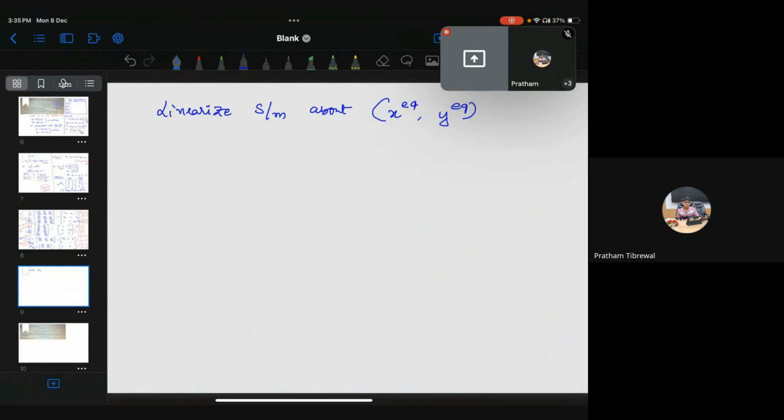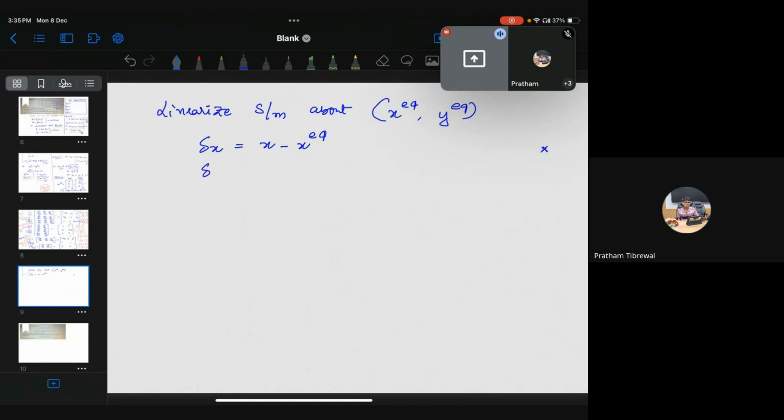With respect to that equilibrium point, we give some small disturbance there. Let's say that disturbance is delta x equal to x minus x equilibrium, that much disturbance we are giving.